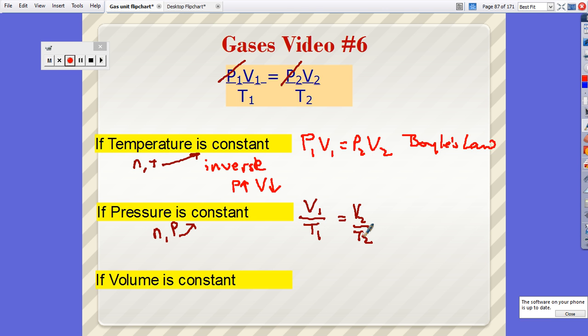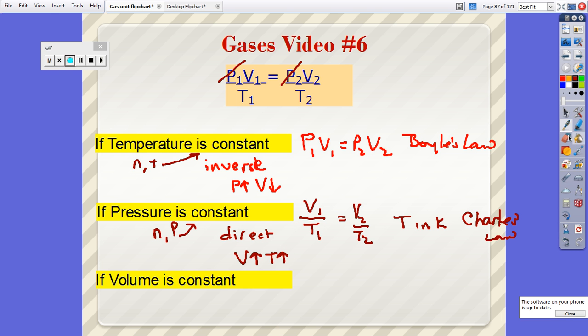Once again, I don't care what units I have, but T has to be in Kelvin. This relationship also has a special name. This relationship, though, is not inverse. It's going to be a direct proportionality, and as a result, if volume goes up, so does the temperature.